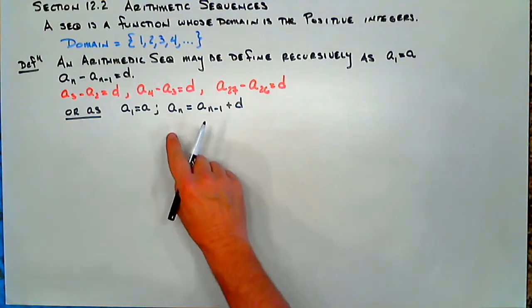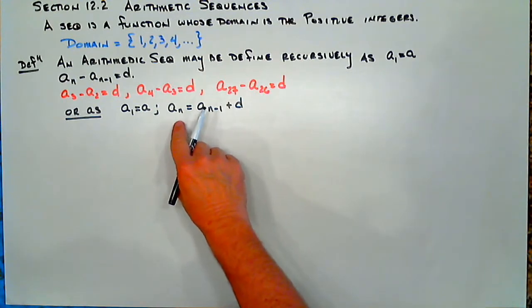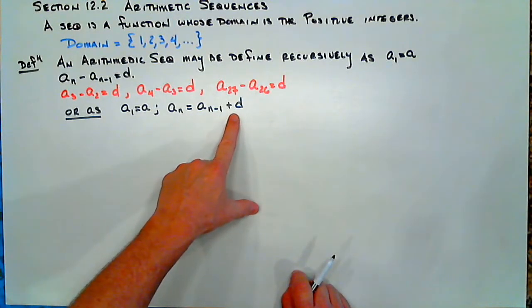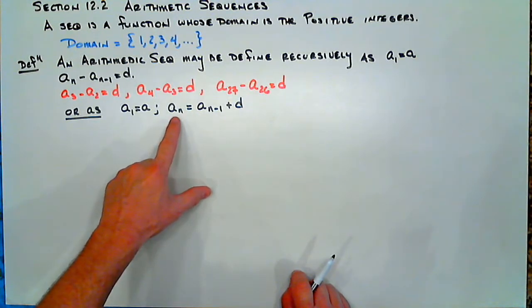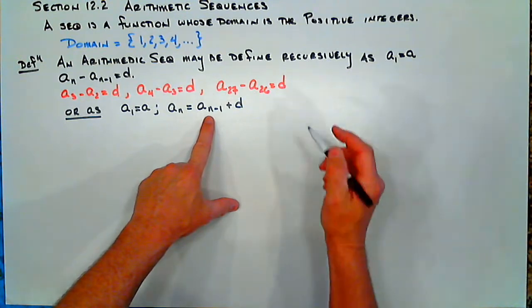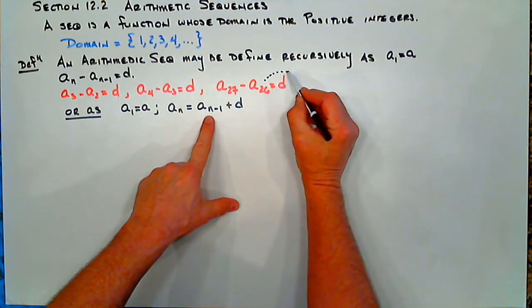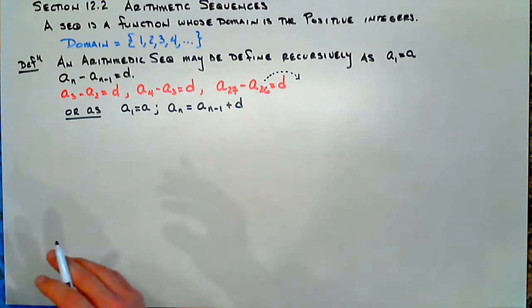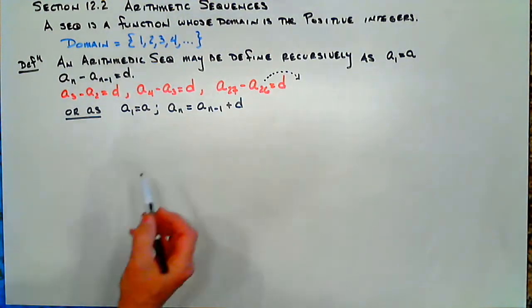And so they're telling us our fourth term is our third term plus d. Our 27th term is our 26th term plus d. That's an alternative way of looking at it.